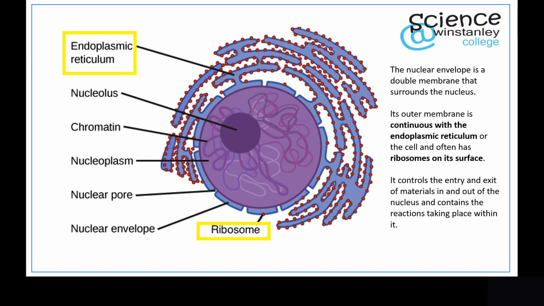Can you see here how that nuclear envelope actually isn't just a single double layer surrounding the nucleus? It actually projects out and forms something called endoplasmic reticulum. And can you see that endoplasmic reticulum has ribosomes dotted all around it? So this endoplasmic reticulum is a continuation of that nuclear membrane.